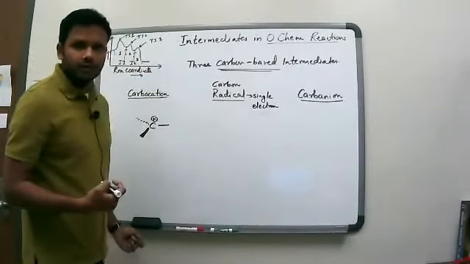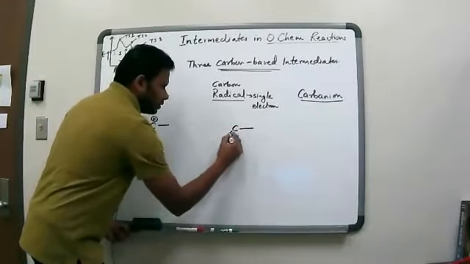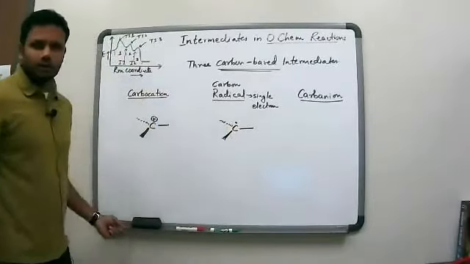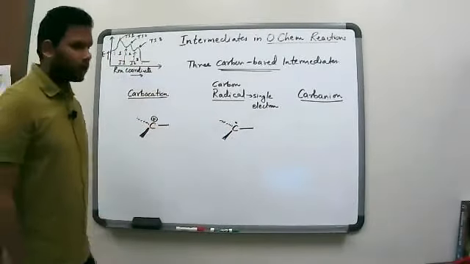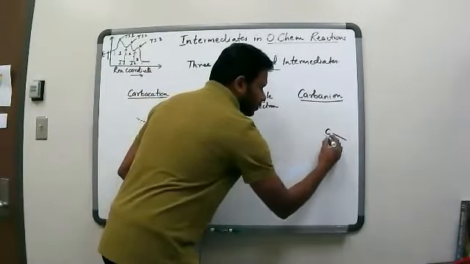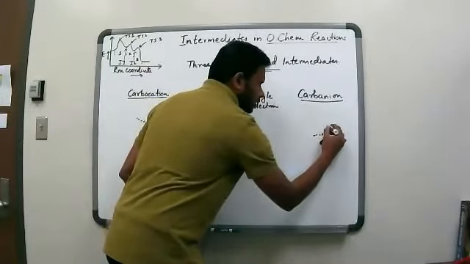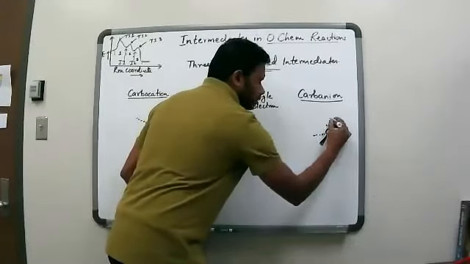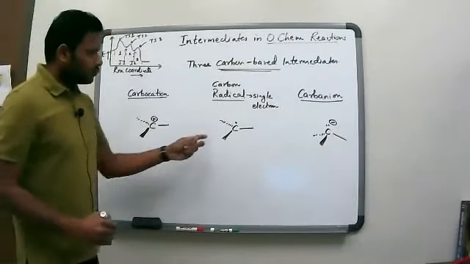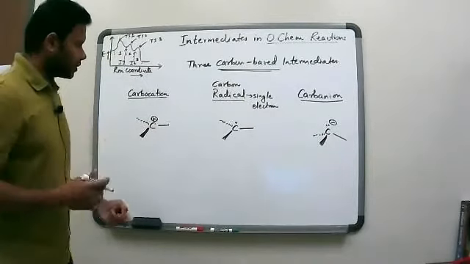So here we are referring to a carbon which has one electron on it. It's not a positive charge, but one electron. And a carbanion is a carbon which has two electrons, or a negative charge. Now I've drawn these species in their respective geometries to show the respective geometries.